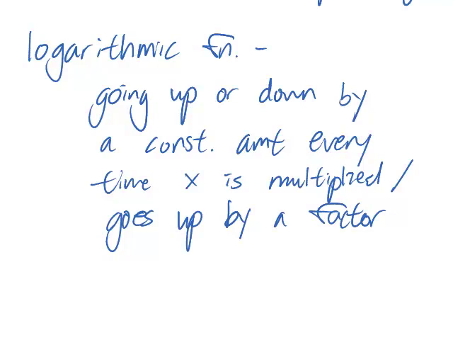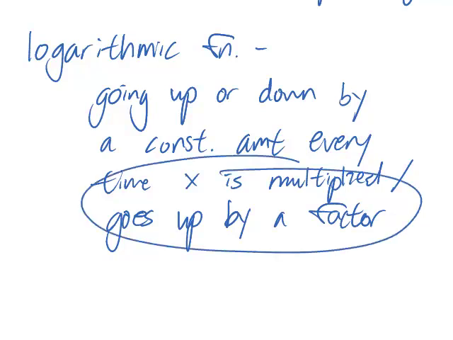Instead of saying every time you take one step in x, you go up by a whole bunch in y, what we're saying here is every time you multiply x by something, every time you go up a whole bunch in x, your y only goes up a constant amount, which is usually small relative to the x.